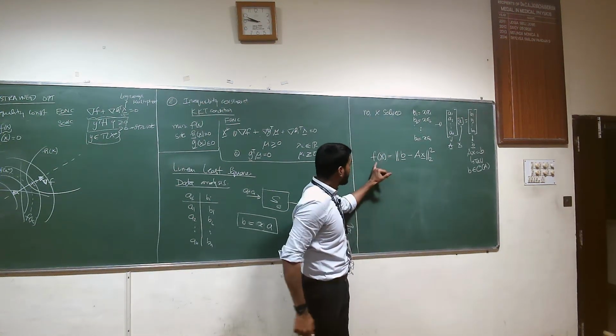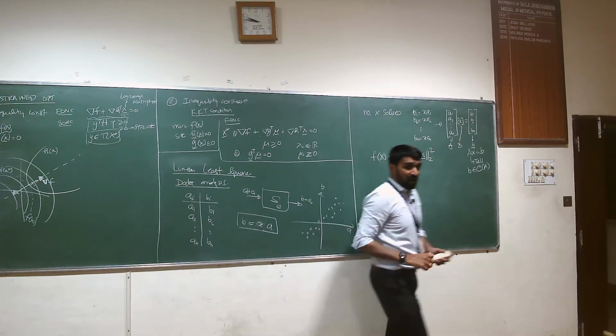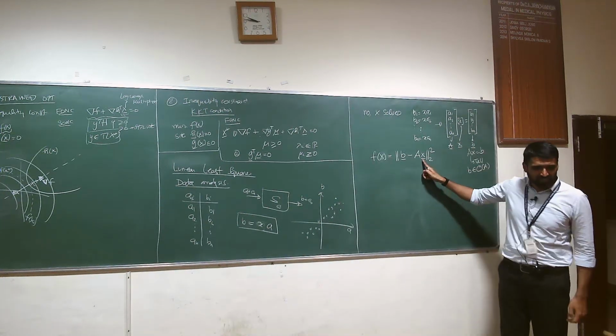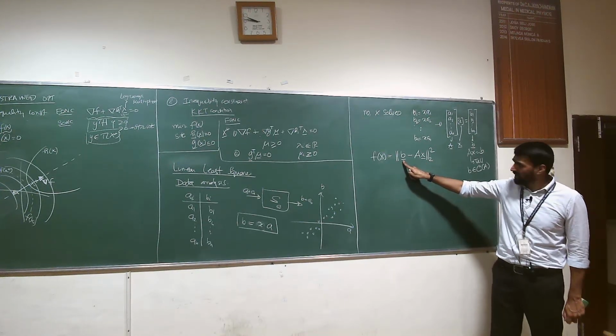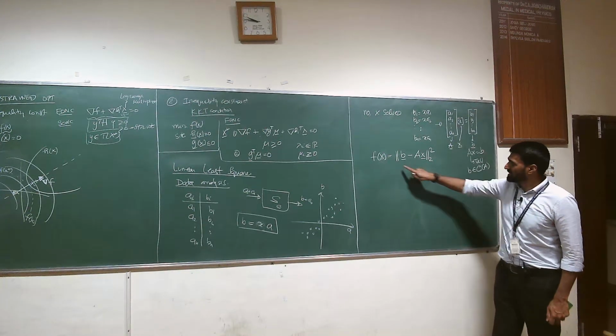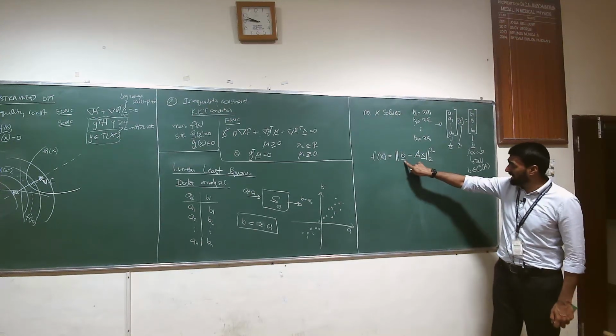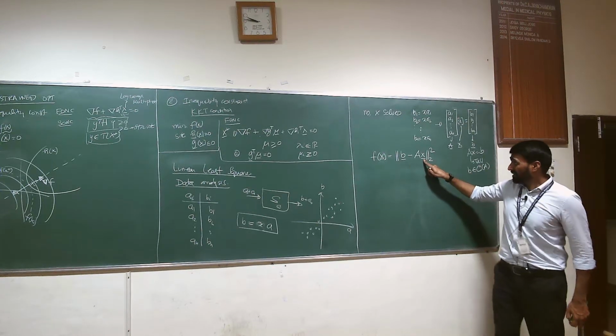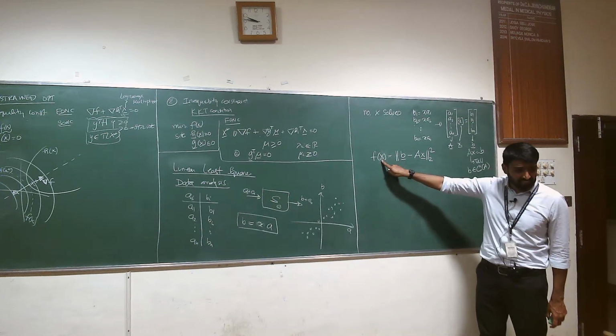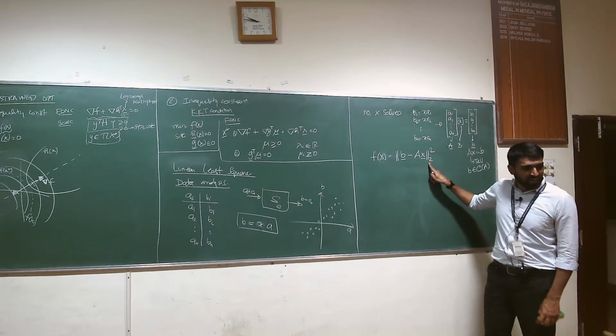Notice I've called it f of x. The unknown here is x, that's my system parameter. A and B are measurements that come from your experiment, the table. So the thing that is variable here is really x. Your goal is to now find an x such that this is as small as possible.